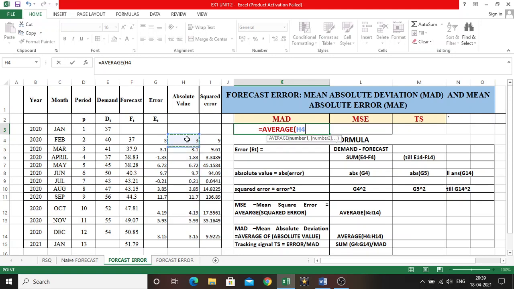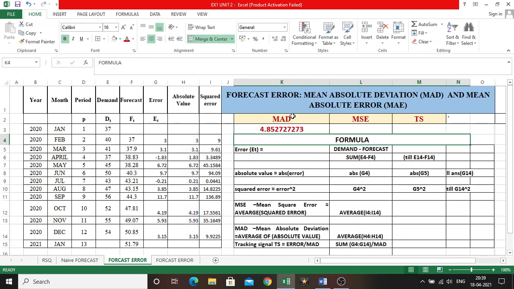So, the absolute values lie from H4 to H14, then close the bracket. We got the mean absolute deviation for the data.